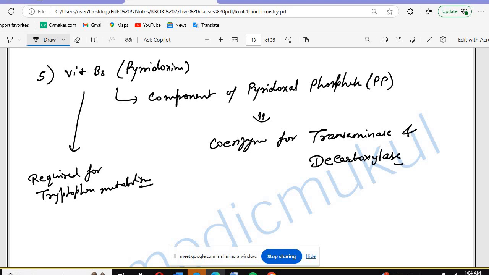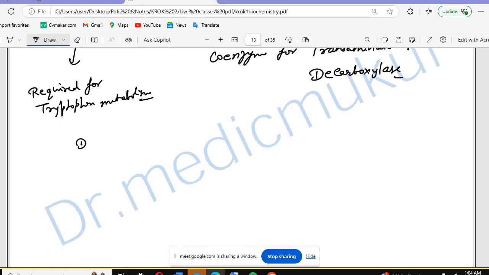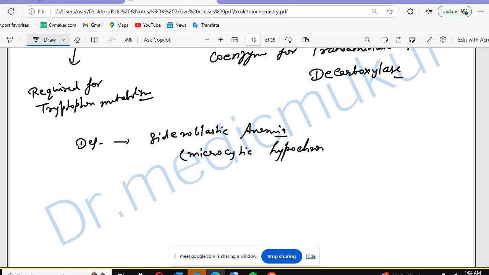Vitamin B6 deficiency will lead to sideroblastic anemia, or we can also call this microcytic hypochromic anemia.